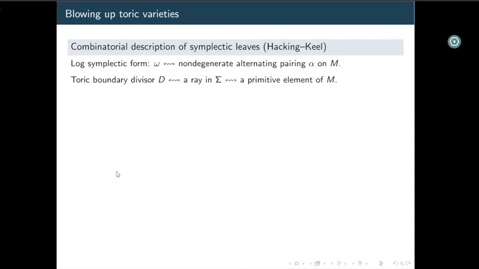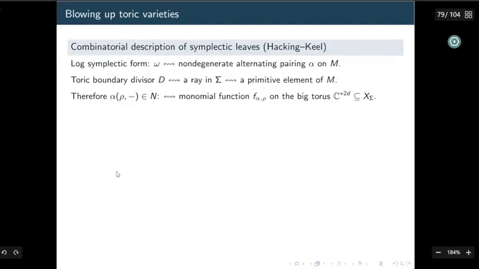So therefore, what you get is some element in the lattice N by taking alpha with rho, your ray generator in the previous sentence. This will give you a monomial function on the big torus inside of X sigma. And I apologize if I mixed up my M's and N's at some point here.